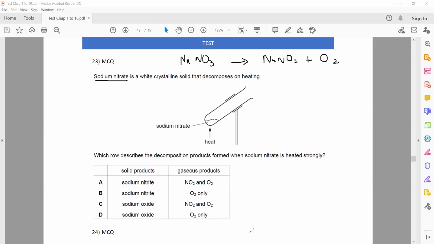Sodium nitrate on heating decomposes into sodium nitrite plus oxygen. Same thing, potassium nitrate decomposes into potassium nitrite plus oxygen. So the solid product will be sodium nitrite and it will give oxygen. This is related to the table, learning the table of thermal decomposition of metal nitrates.